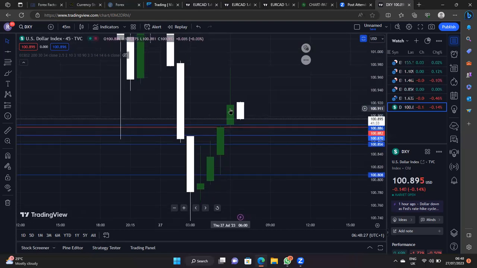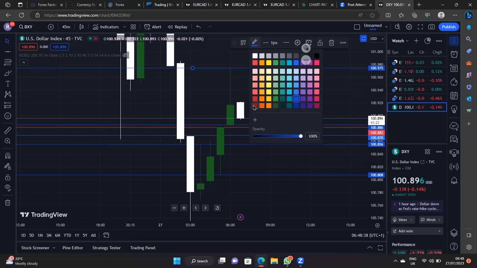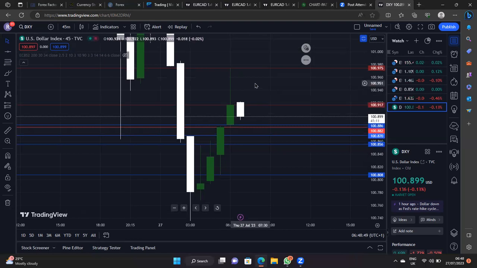So now we have the support, the body of the candle, make a pattern. Then here we have the wick for the resistance, we make that red. And also we have the body of the candle, and we leave it as red.